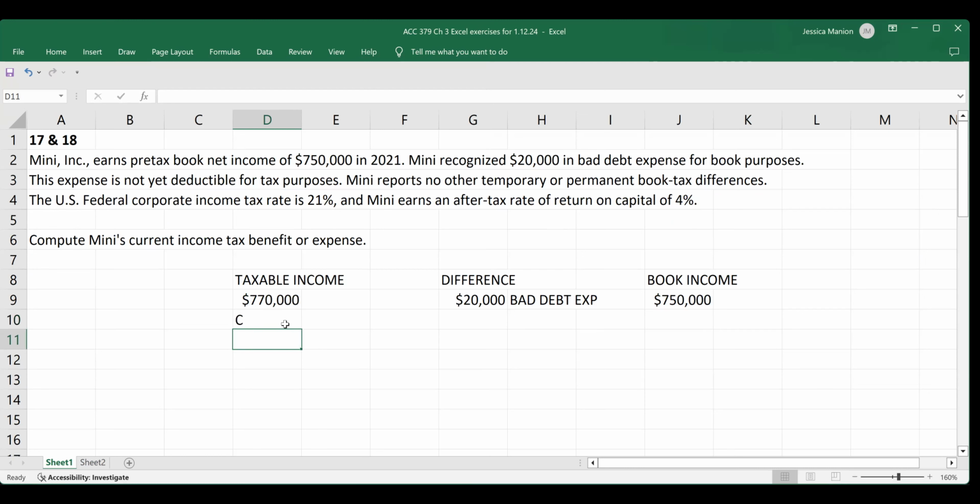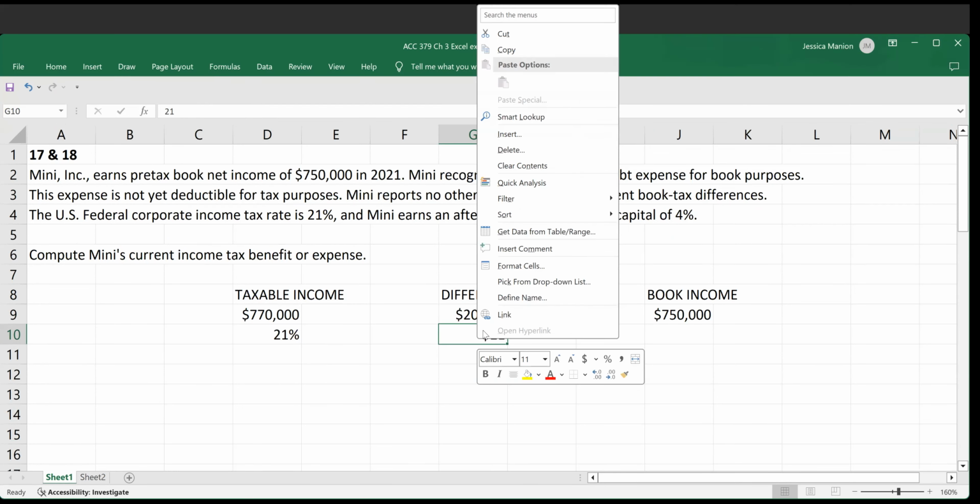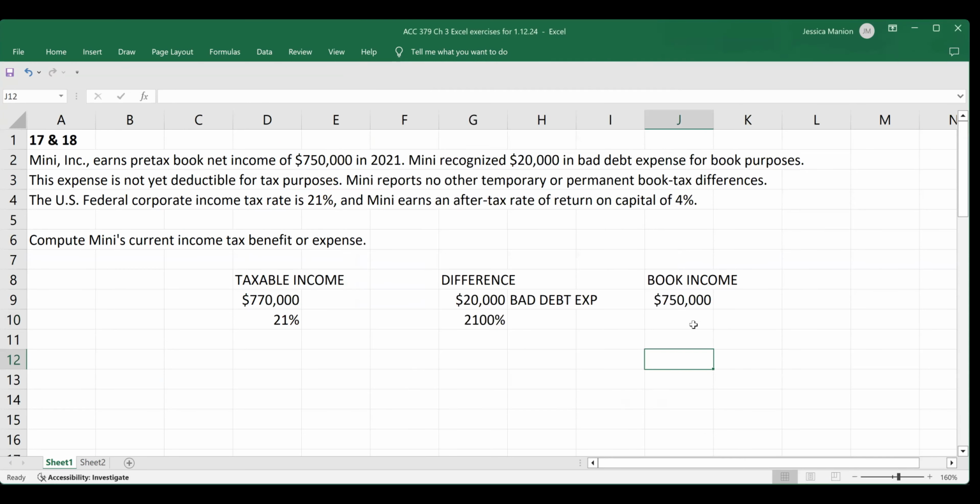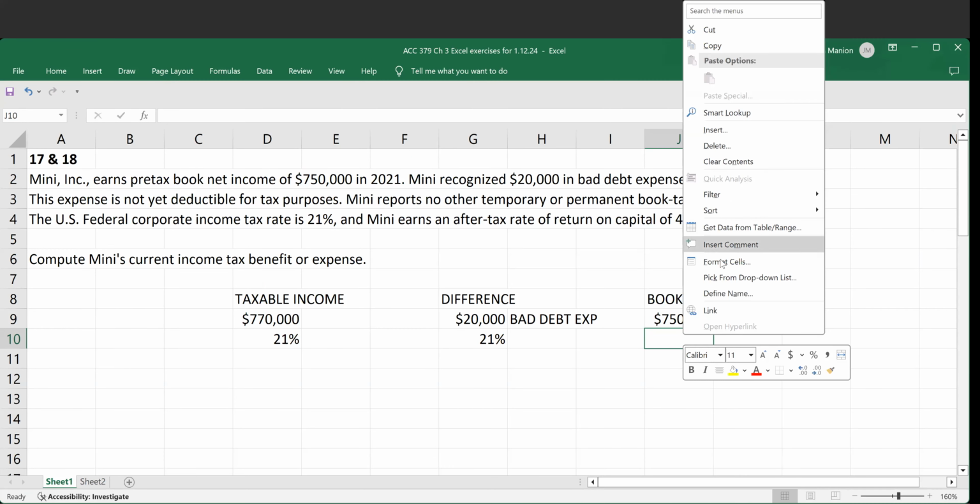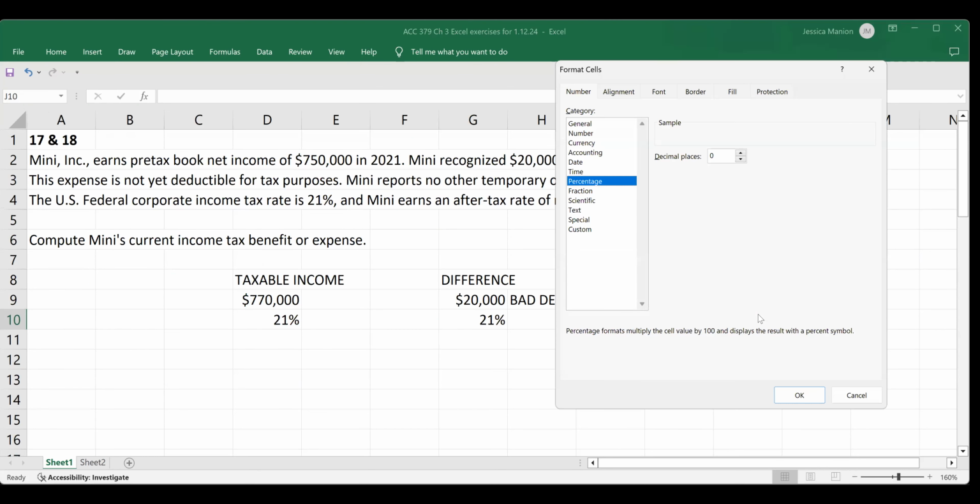We need to multiply it by 21%. And then same thing here, we need to multiply it by our 21%.